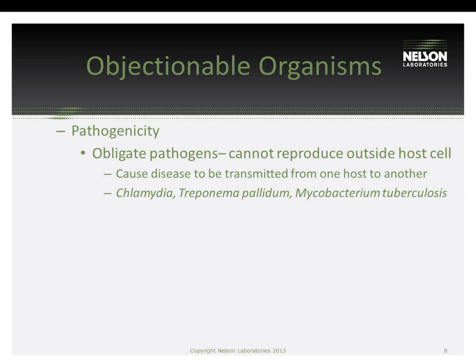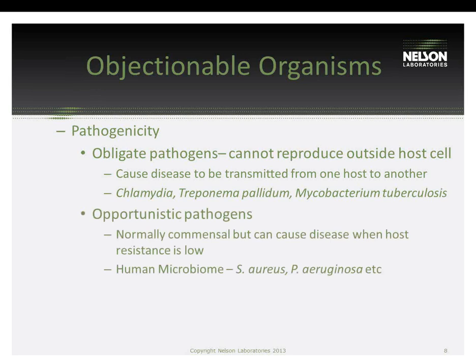They can survive outside of the host, but they cannot proliferate and reproduce. A disease is caused by transmitting one from one host to the other. Examples of this are STDs, tuberculosis.